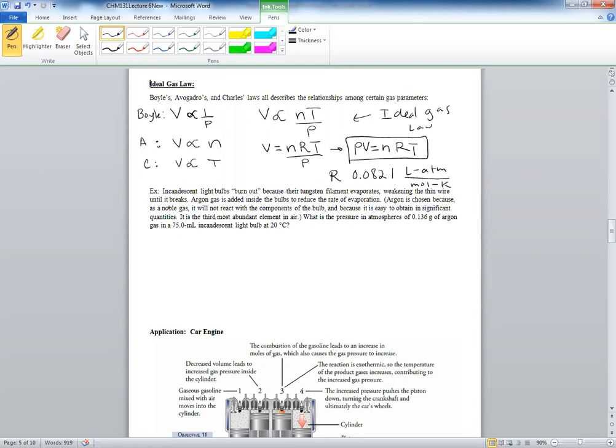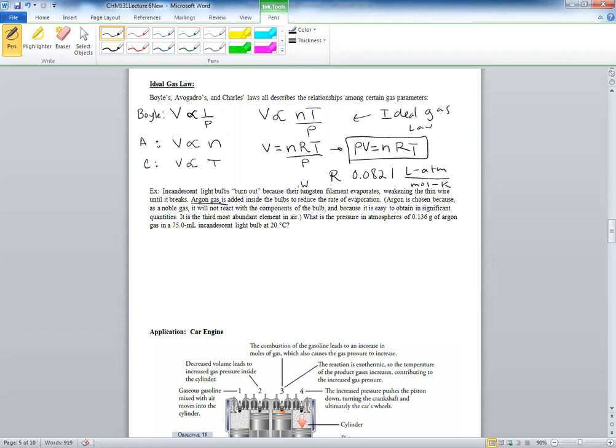So the reason why they burn out is because that tungsten filament, which is the element W, simply evaporates. That's why they don't last as long. The reason why they still work is because there's argon gas inside these light bulbs. And argon gas is what we call an inert gas, meaning it does not react. So it protects it or slows down the rate of the evaporation.